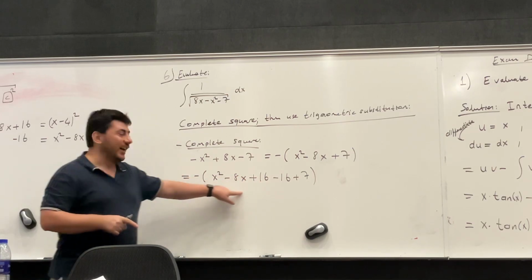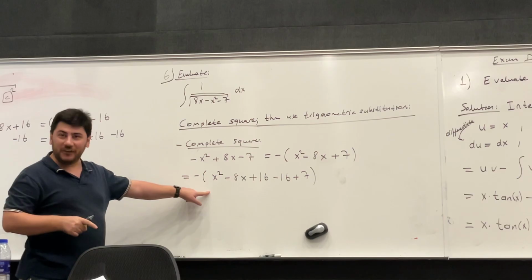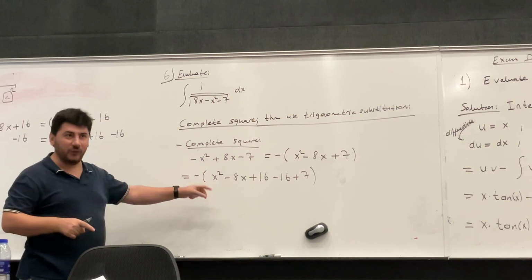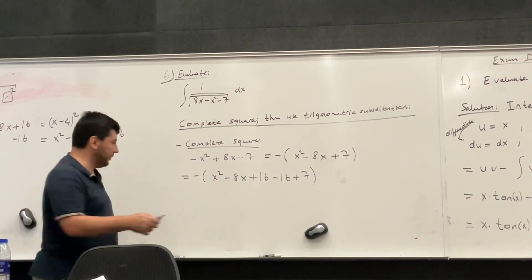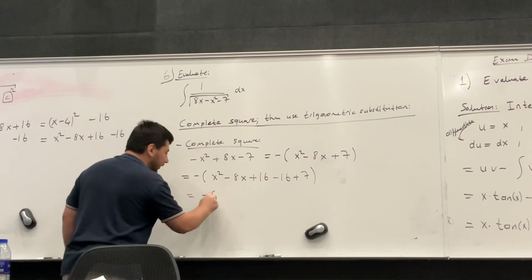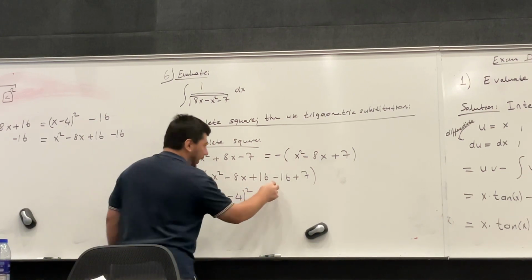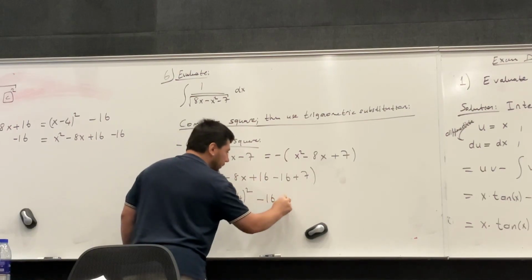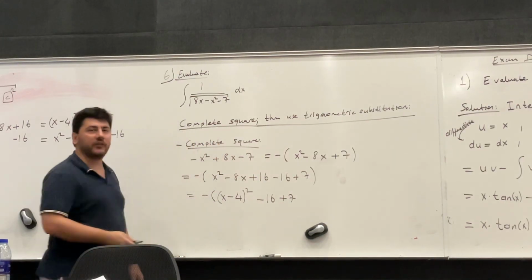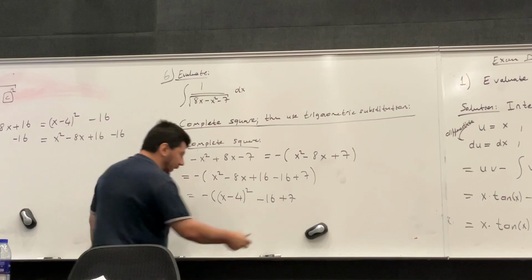So now I have x minus 4 squared exposed. That's what we mean by completing the square. So here, minus x minus 4 squared minus 16 plus 7. What's minus 16 plus 7? Minus 9.